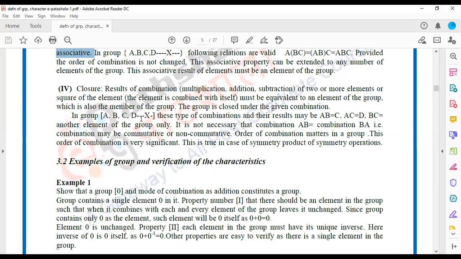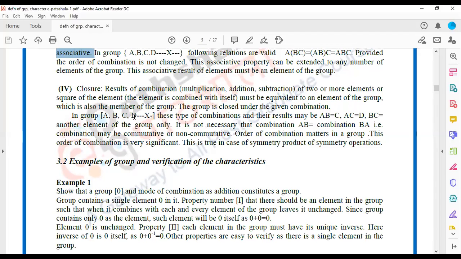Then the next one is the closure rule. Suppose in a group I have again the same elements A, B, C, D. If I multiply A into B, I can get one of the elements, a C or a D or whatever it is, but that element should be a part of this group.